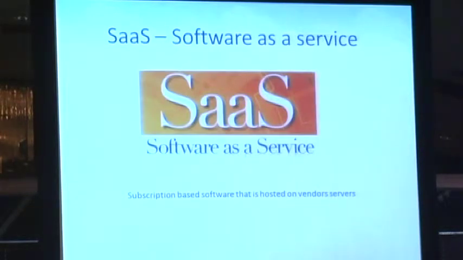After that, they tried to start selling software as a service. This is basically a subscription where, instead of buying new software every few years, you just get a subscription to software and you get it online. This hasn't taken off as much, but it's kind of the same thing as what the cloud is.